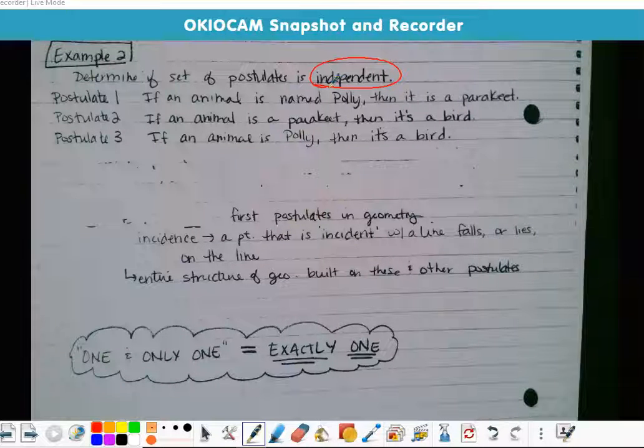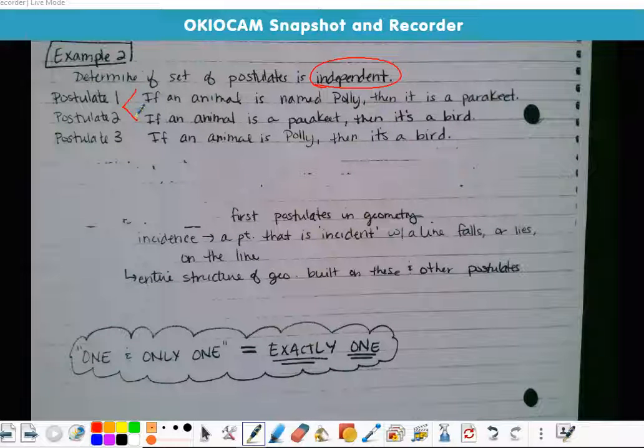Okay. So independent, if we look at the definition again, if no postulate can be deduced or proved from other postulates in the system. So you're saying that 3 is just a conclusion of 1 and 2. Correct.